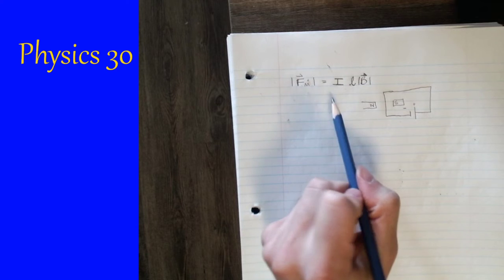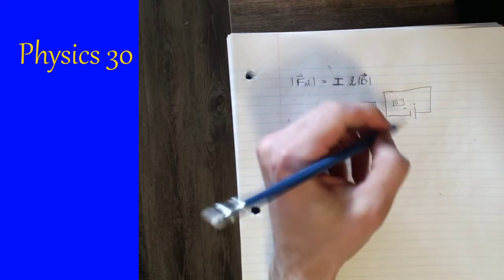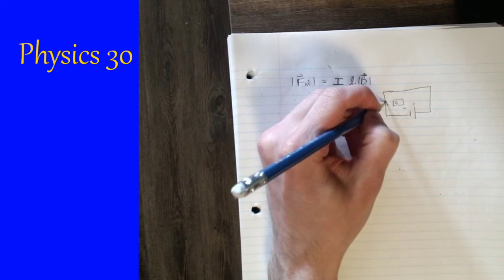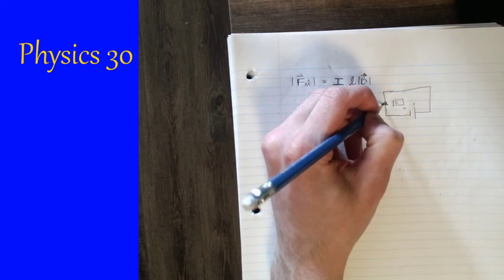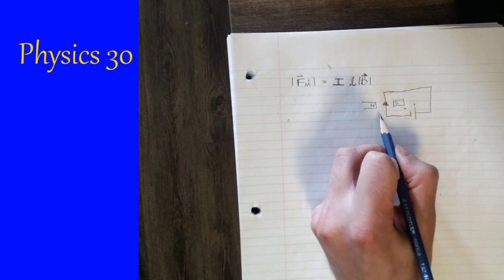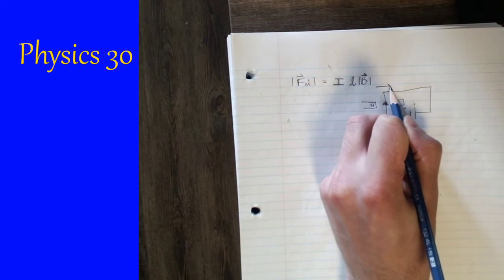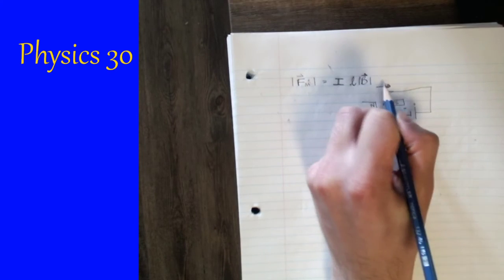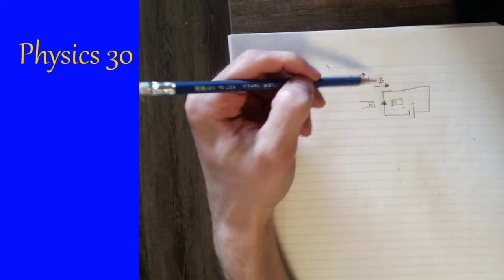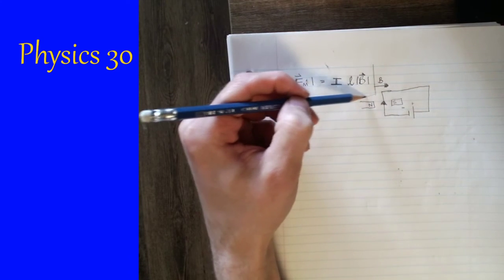Now, even though the magnitude of the force represents the current, we still want to remember that electrons flow from negative to positive. So electron flow is going to be this way. The magnetic field points north to south. So let's clean this up a little bit. Hopefully that helps.